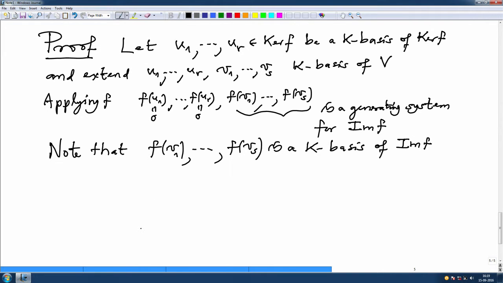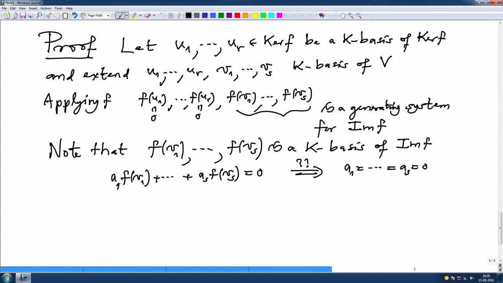To check that, one will have to check that these are linearly independent, because it is already a generating system, and if it is linearly independent, then by definition it will be a basis. So, if A1 F of V1 plus ... plus As F of Vs is 0, then we want to conclude that all these A's are 0.